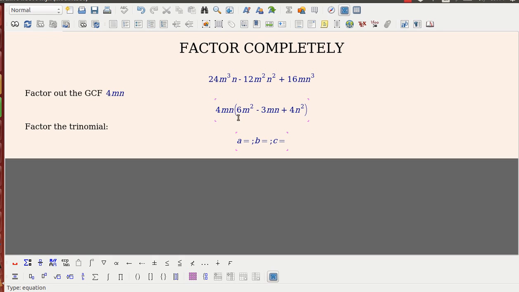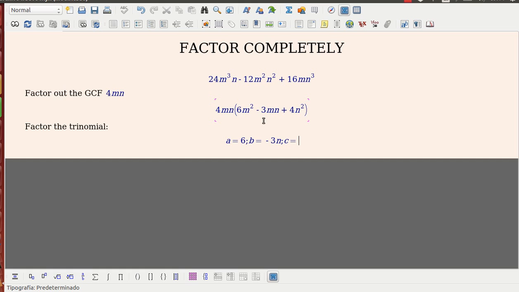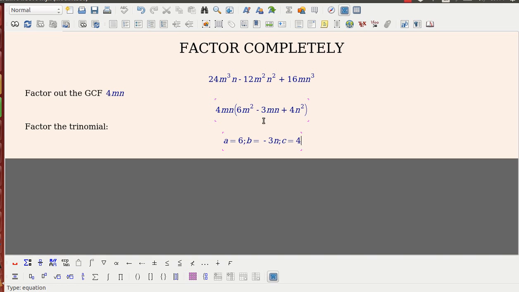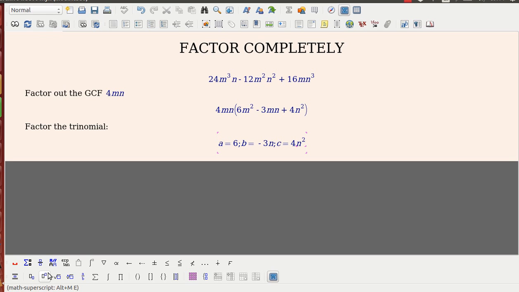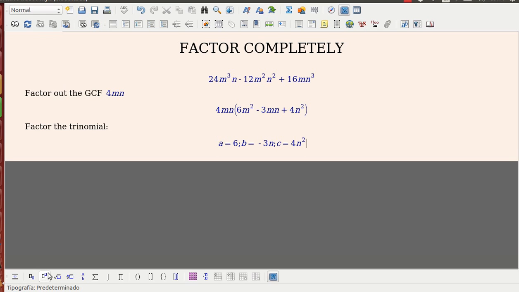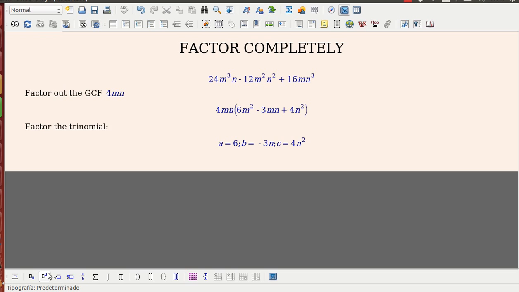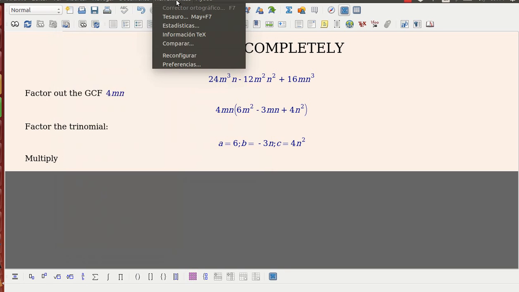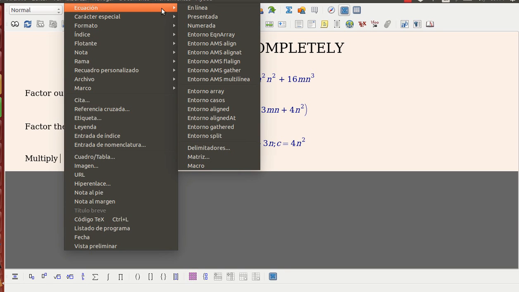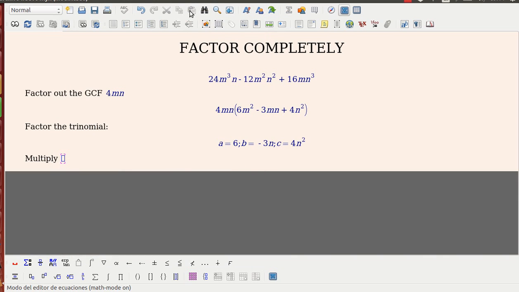As you could see, A will be 6, B is minus 3n, and C is 4n squared. So to factor this trinomial, we're going to multiply A times C.